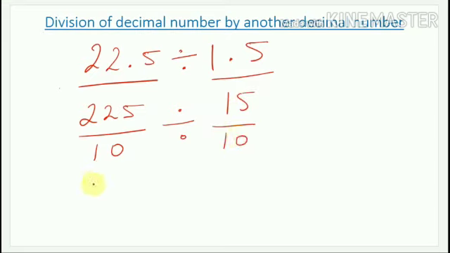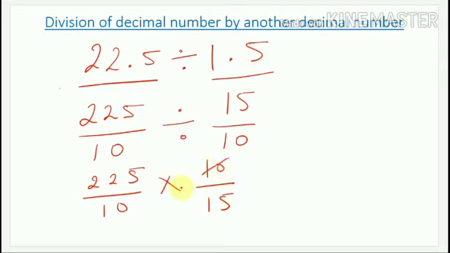Now convert this into multiplication form. So 225 upon 10, division is converted into multiplication, and it becomes 10 upon 15. So this 10 and this 10 get cut. Now divide 225 by 15. So the answer is 15.